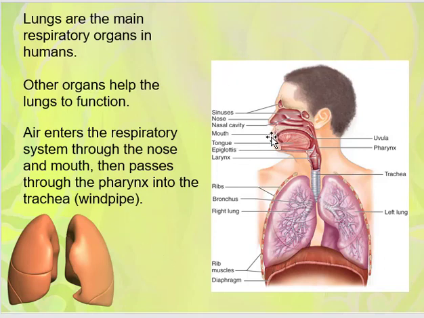Also the mouth, but when you breathe through your mouth, you don't have as many protections as breathing through the nose. From there, it goes into the pharynx and from there into the trachea. The pharynx here is a common area between your digestive system and your respiratory system, and you have a little epiglottis, a little flap of tissue that covers the trachea, so when you're swallowing food or water, it goes down into the stomach.